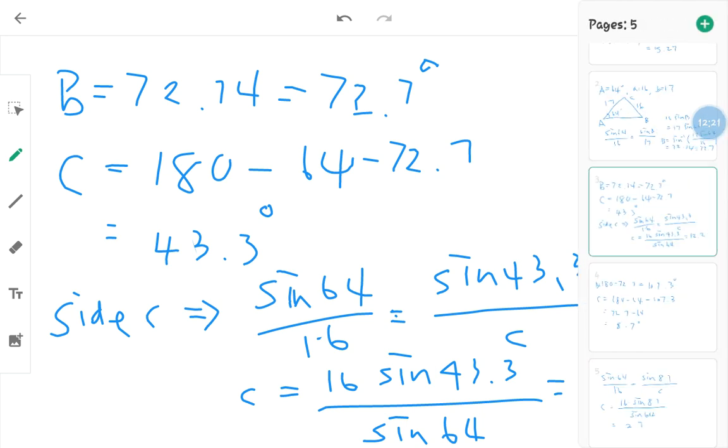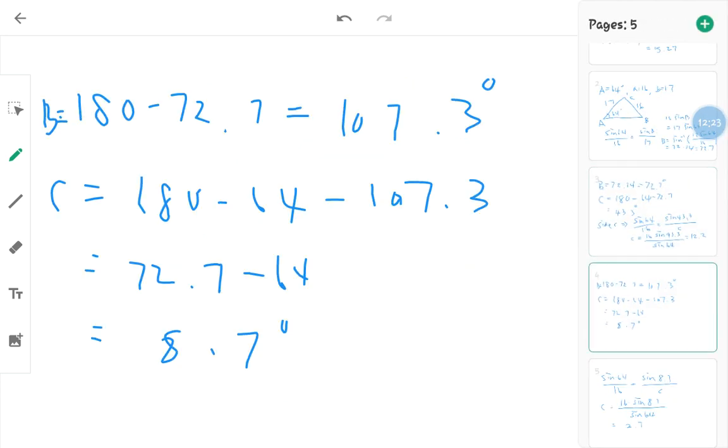The other triangle you can make is the obtuse one. My angle A is 64, angle B is 107.3, angle C is 8.7. Side A is 16, side B is 17, and side C is 2.7.